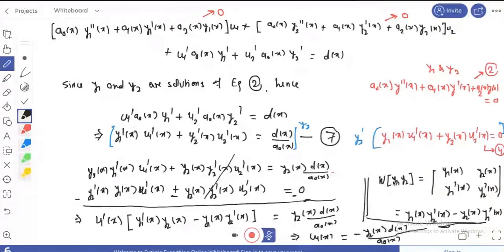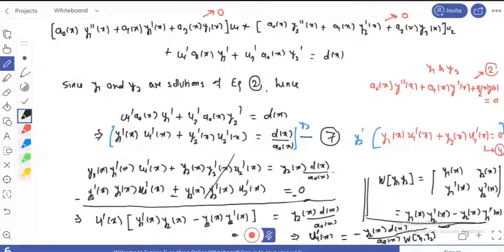This is u1', of course u1'. Okay, so u1' equals this thing.